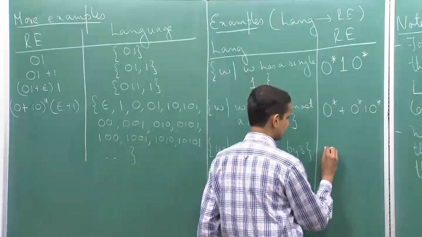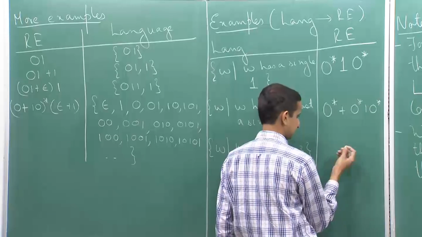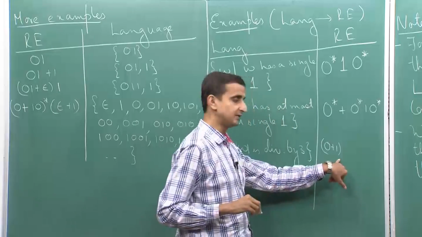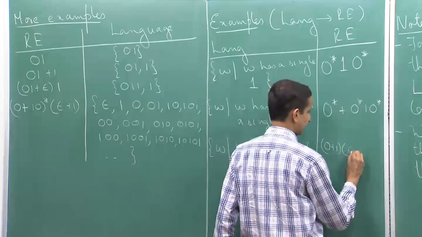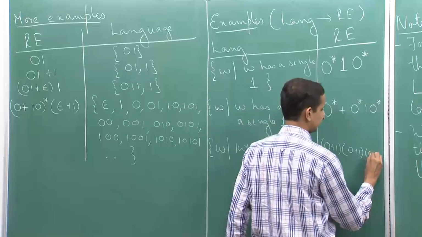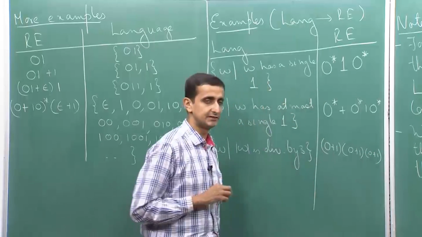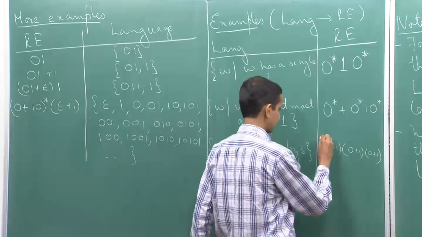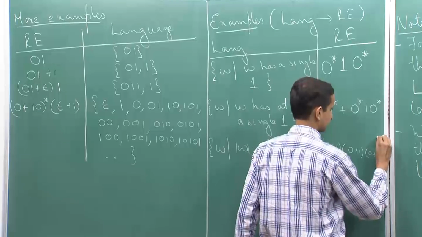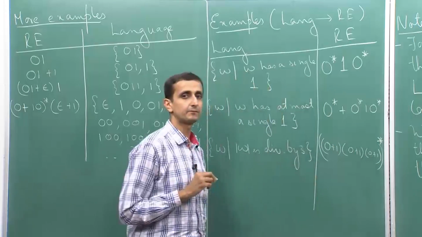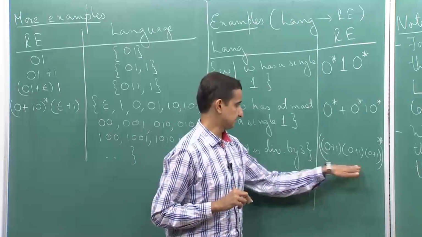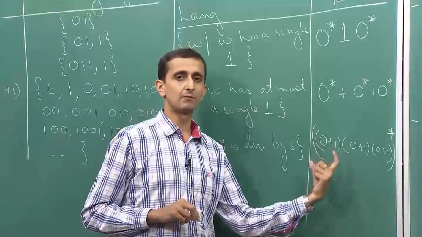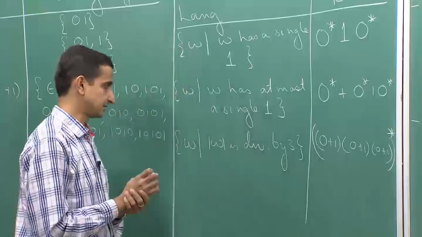So, the way to write them is, the first symbol can be anything between 0 or 1, the second symbol again can be anything between 0 or 1, and the third symbol is once again anything between 0 or 1. And this sequence keeps on repeating arbitrary number of times. Okay. So, I have a star around it. We have a sequence of 3 symbols followed by another sequence of 3 symbols, and so on for as many as we want.